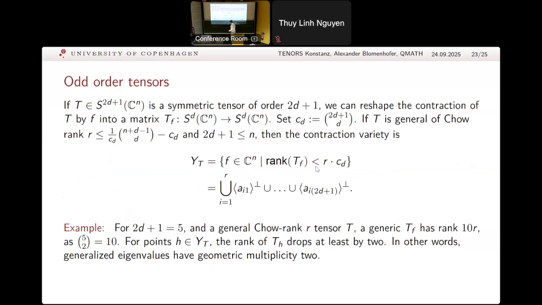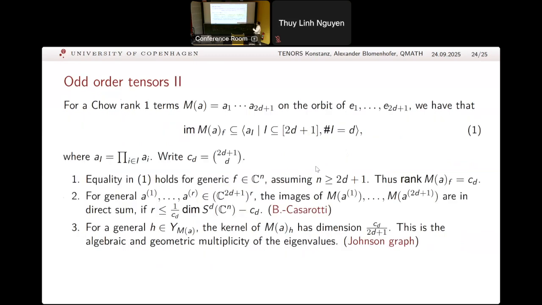Then the problem is that the image of this thing will actually contain all the possibilities to select D vectors out of these 2D plus 1. So these will be all square-free monomials in degree D in those AIs. This is written in the next slide.